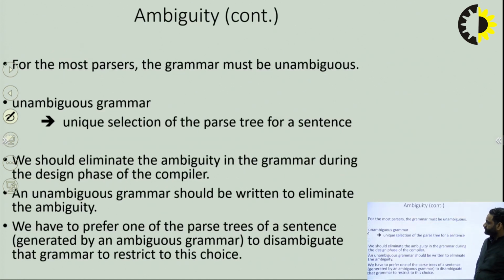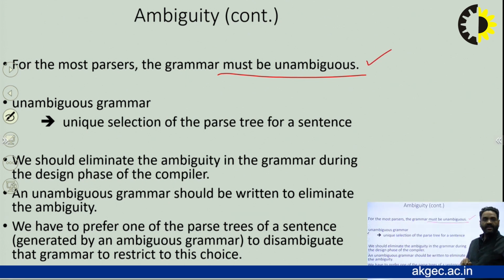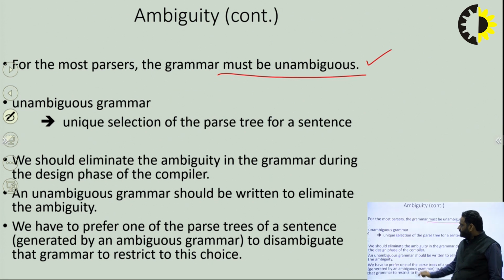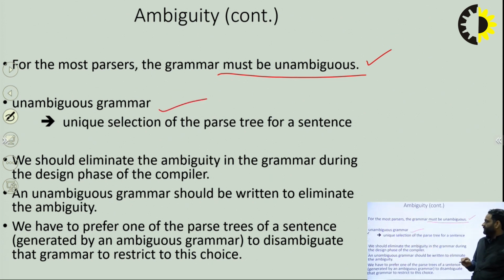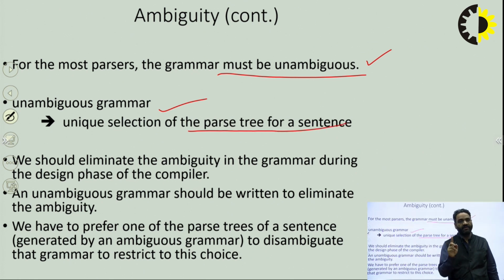Next, for most parsers, the grammar must be unambiguous. This is the first condition. Otherwise, the parser fails to construct any parse tree. Unambiguous grammar means we have a unique selection of the parse tree for a sentence. We can make a single parse tree for a single string. There is no possibility to generate more than one parse tree of the given string.